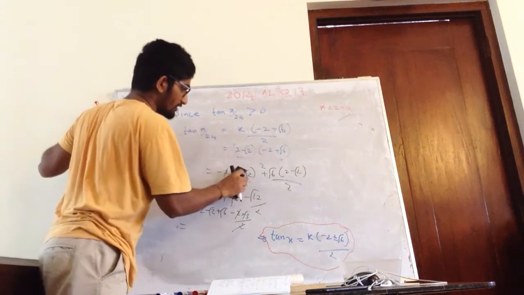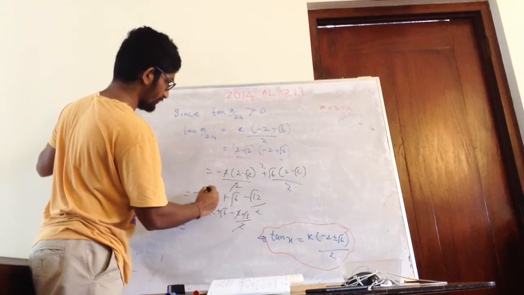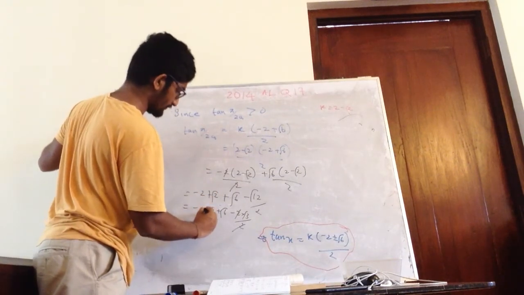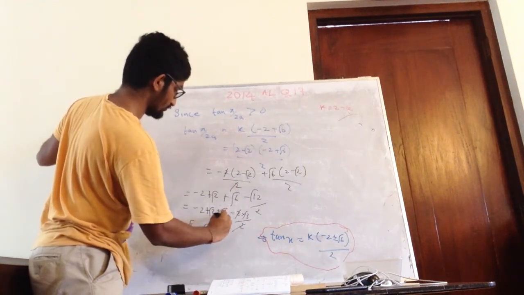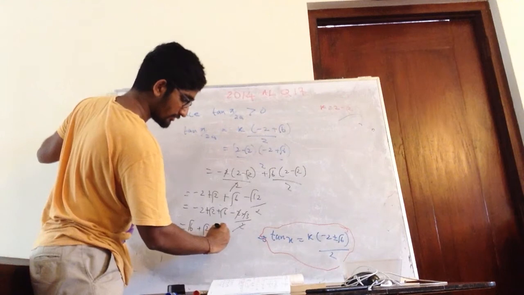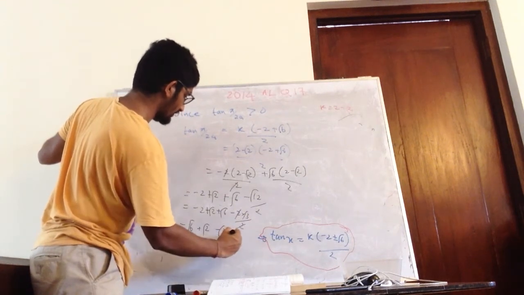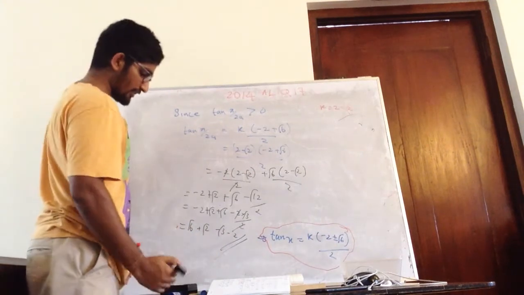Sorry, this is minus one, so this becomes plus. This also becomes plus. So square root 6 plus square root 2 minus square root 3 minus 2. So this is the answer that they are asking.